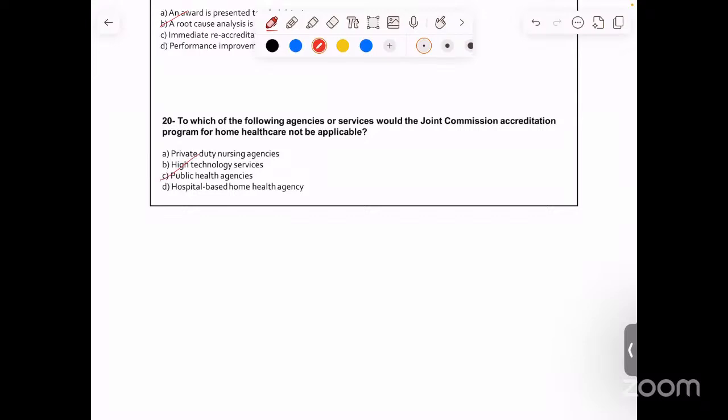It is not included in the home care accreditation standards.